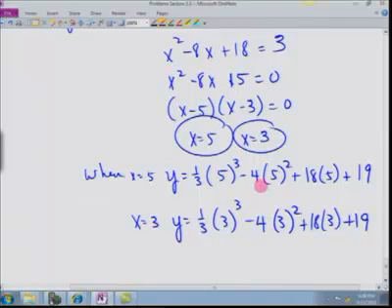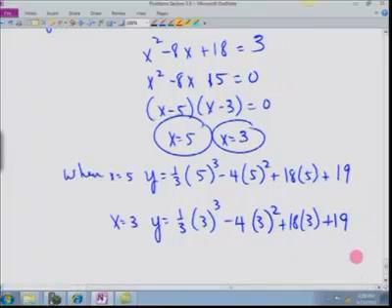Oh, for the whole thing. I was like, well, for this part. When x is 5, oh, I thought you meant just the 5 cubed times the third. Oh, no. For the whole thing. Well, I was really wondering where my mistake was, but thank goodness. Okay, I think that's what you get for that one, 152 over 3.